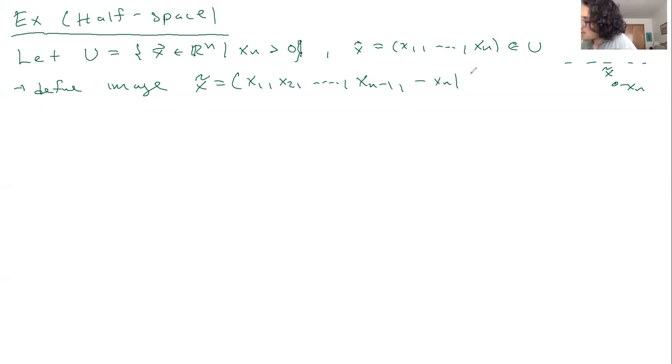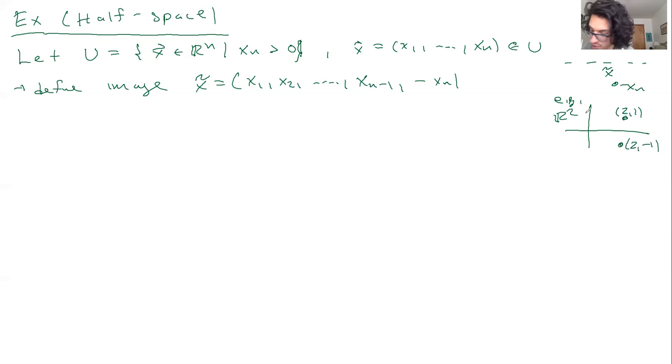So think of it in 2D. If this was the point (2, 1), then my image point over here would be (2, -1), for instance, in R2. Okay, so that's my image points.